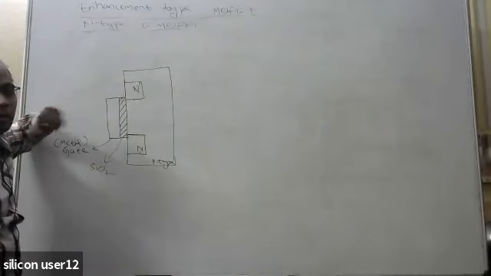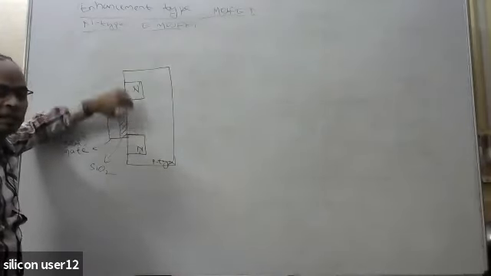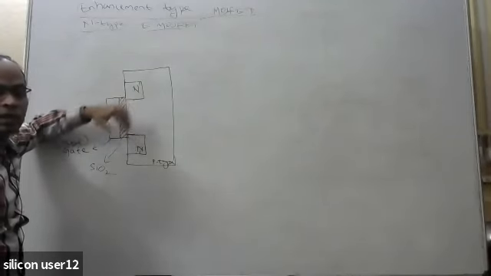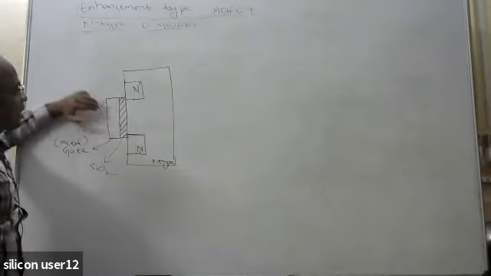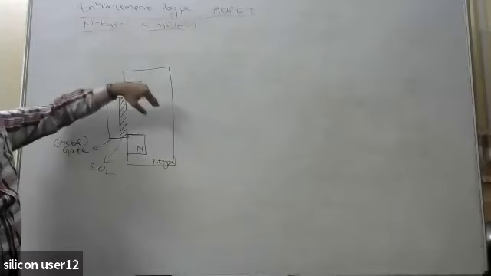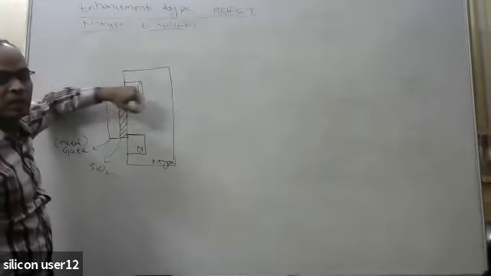In case of depletion type, this channel existed from the beginning, so with any voltage you give, the current can conduct. After applying a certain negative voltage, this channel was repelled away and removed.